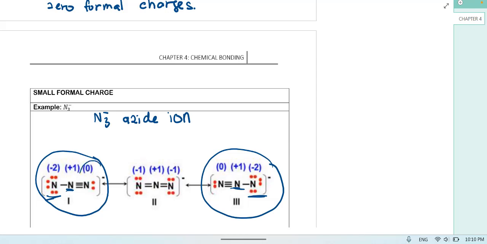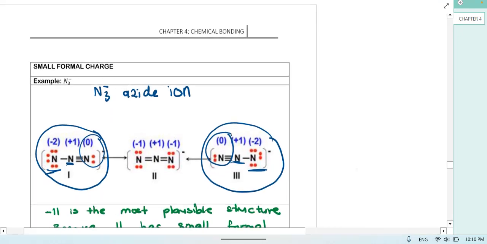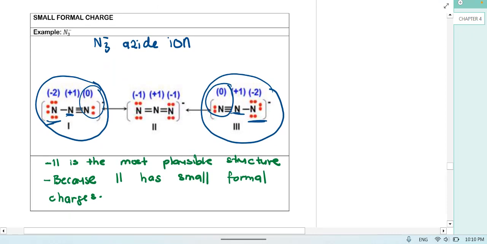And then N with zero formal charge, N with zero formal charge. The most plausible structure is only one structure. So, it cannot be 1, it cannot be 3, because in terms of distribution of formal charges, 1 and 3 are similar. Okay, so the answer is structure number 2.